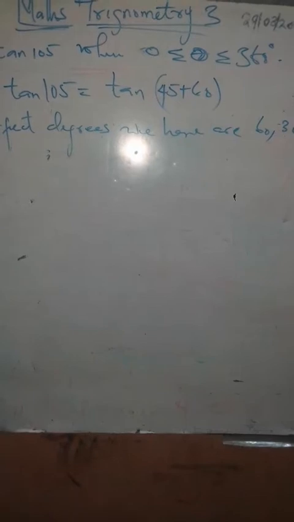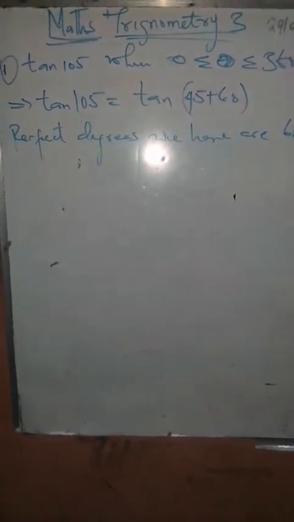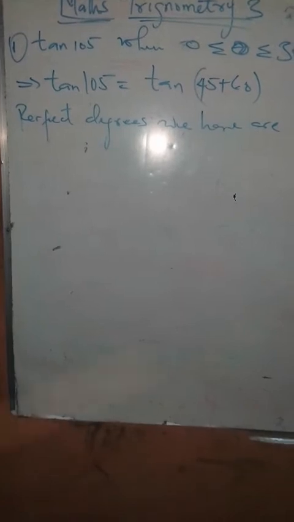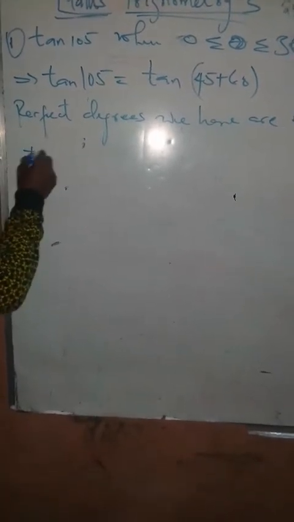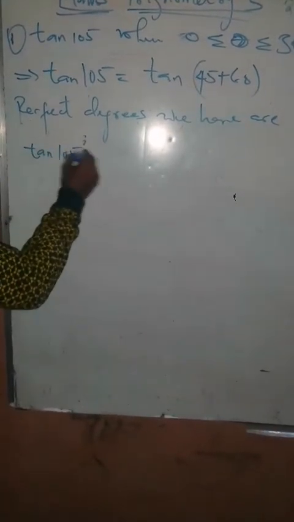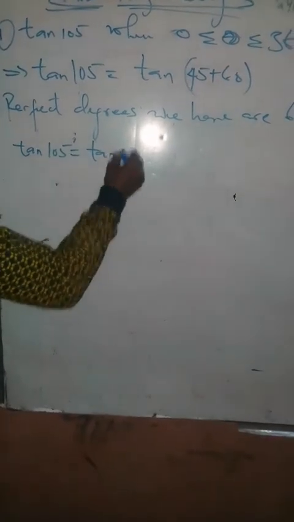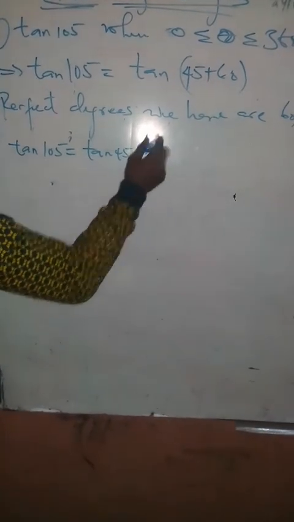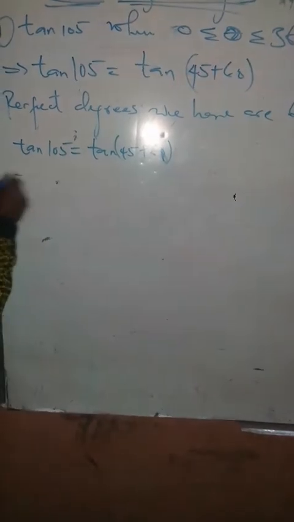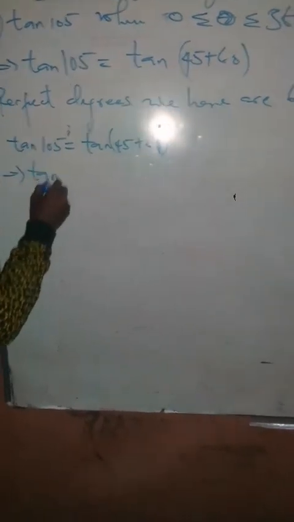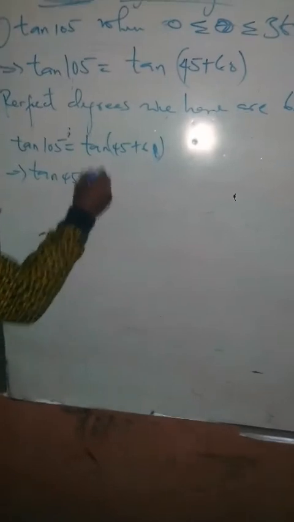These are the perfect degrees we have, so we use them to manipulate other variables, like the less accessible ones. Now the solution to this is tan 105 equals tan(45 + 60).